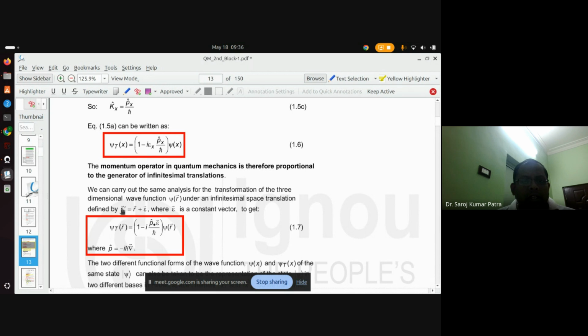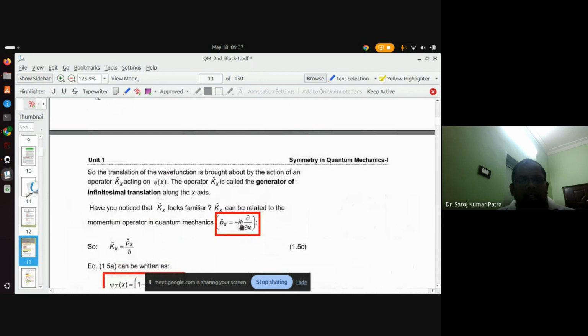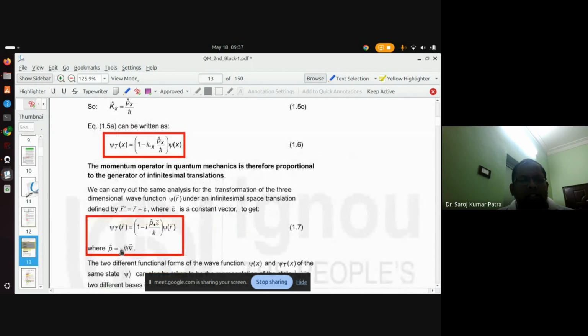So then, instead of writing epsilon x px, I would rather write in the operator form, p cap dot epsilon vector by h cross. And our p in three dimensions, instead of minus i h cross del by del x, will be minus i h cross del operator, where del operator is nothing but i cap del by del x plus j cap del by del y plus k cap del by del z. Okay.